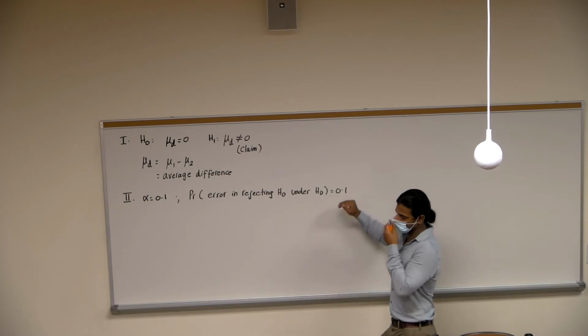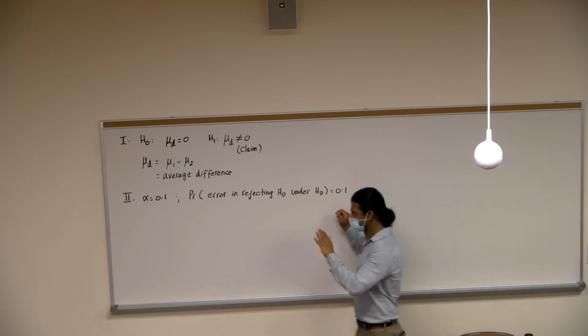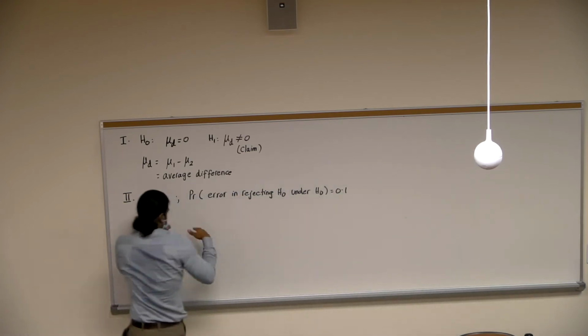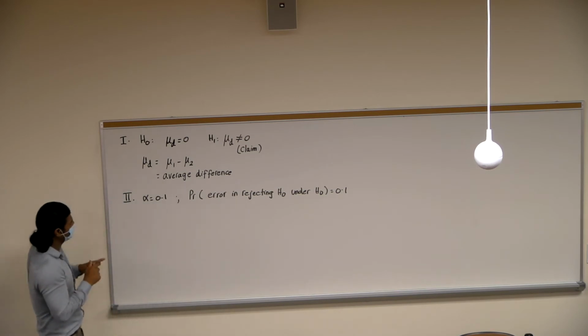So this is the upper bound that we seek. So if we get less than 0.1, it's good.